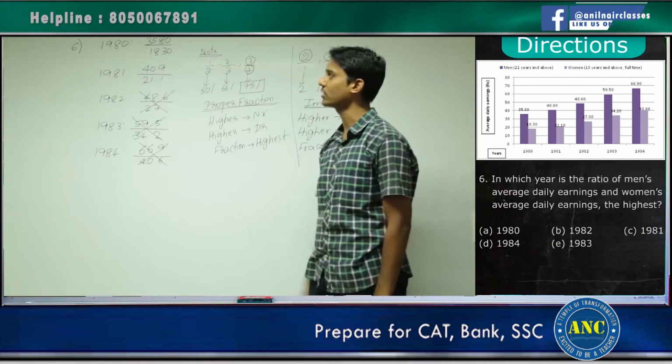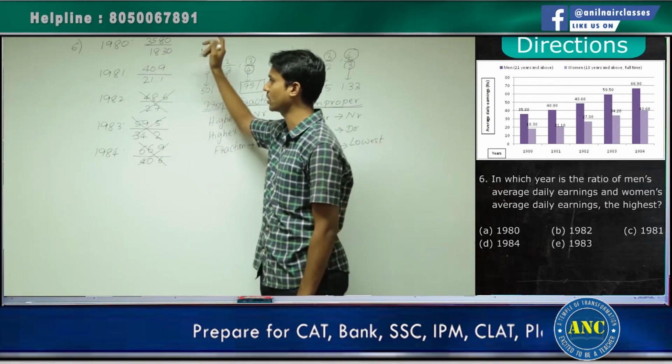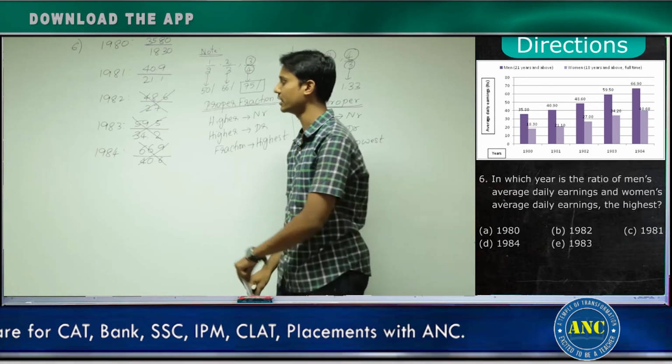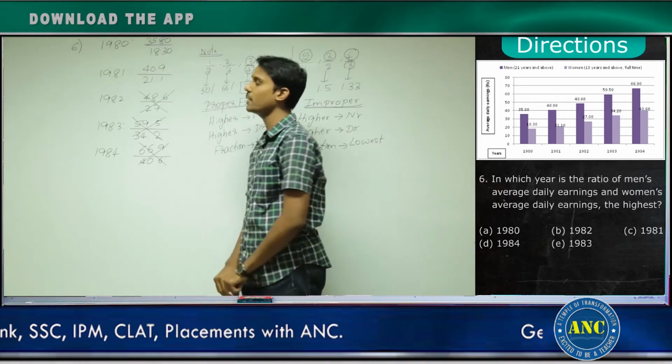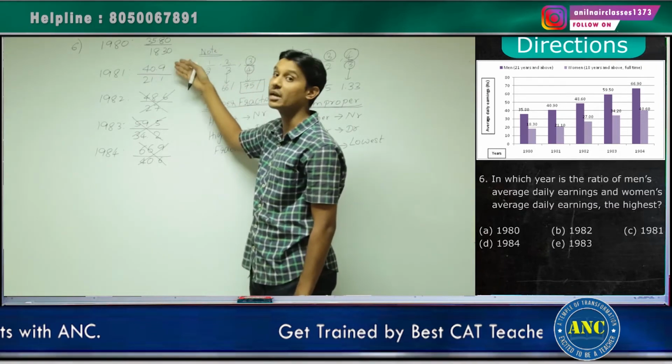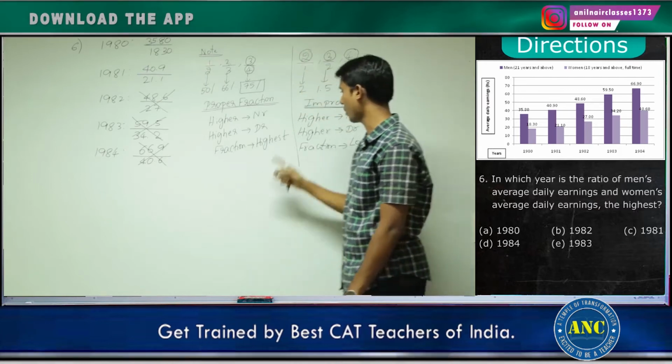Now if you observe the two fractions given in this exact question, the sixth question, 35.8 divided by 18.3, and the other fraction, 40.9 divided by 21.1. Both the fractions are improper fractions.